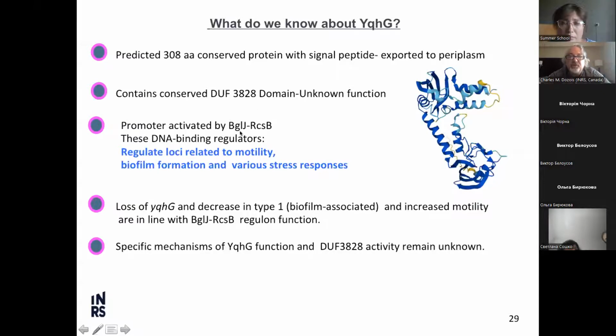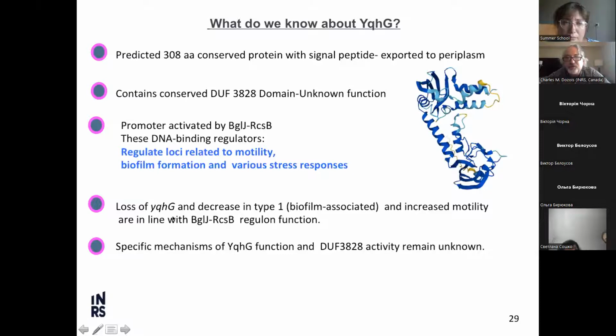The only links that we know about it is we know that this particular protein is activated by a two-component system known as BGLJ RCSB, and that this regulon is also linked to motility, biofilm formation, and various stress responses. So the results that we've had on it by itself are similar to things that occur in, for instance, an RCSB or BGLJ knockout, where the regulon is down, and this is one of those components that is no longer made if that regulon is disrupted.